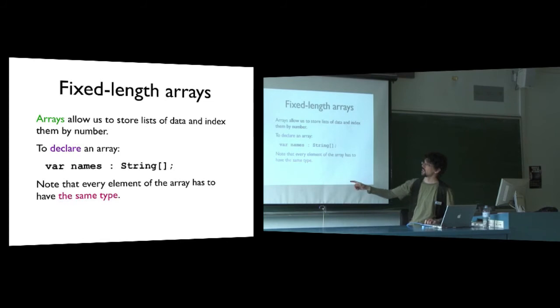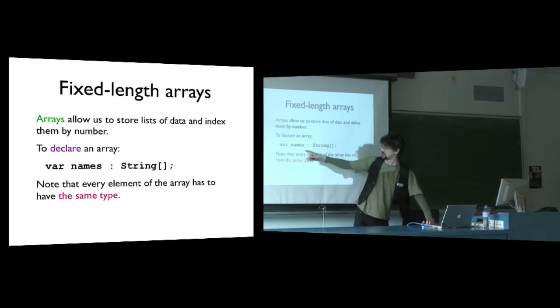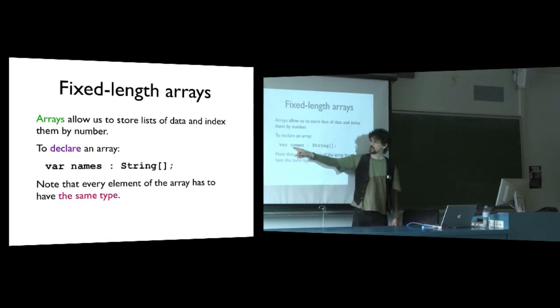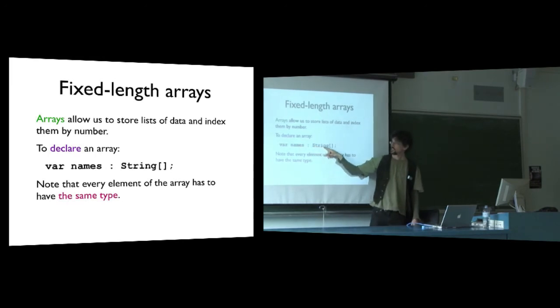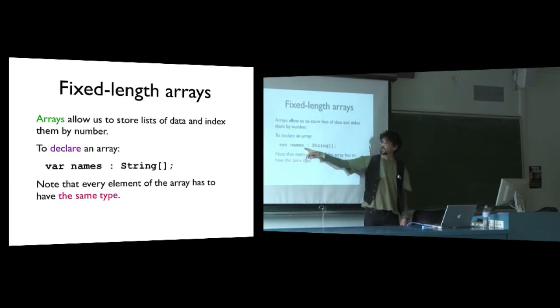We can declare an array like this: it's a standard variable declaration, we give it a name, then a type, and then square brackets to indicate it's an array. If we left those off, that would just be a single string, but with the square brackets, that becomes an array of strings. So every element in this array has the type string.